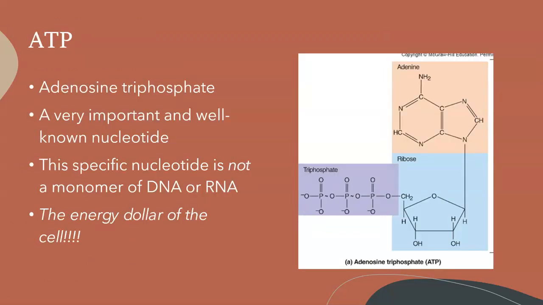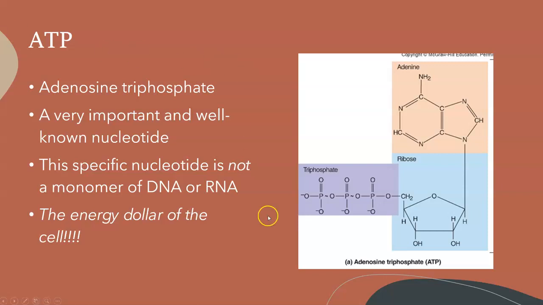Let's talk about ATP, adenosine triphosphate. It's a very important, kind of an understatement there, and well-known nucleotide. That specific nucleotide is not a monomer of DNA or RNA, but it is in fact the energy dollar of the cell. And essentially, if you need to do work in your cells, you need to use ATP.